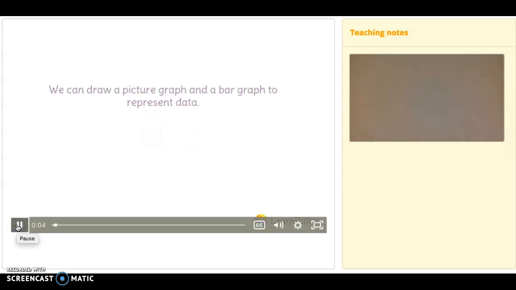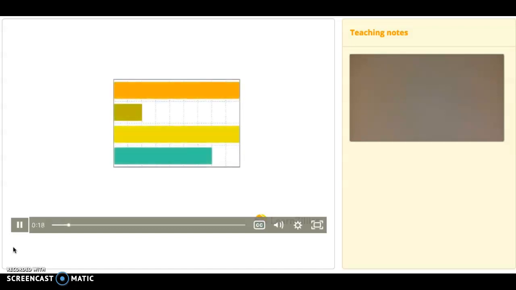We can draw a picture graph and a bar graph to represent data. Let's use the data in a graph to solve comparison problems. What if a graph had no labels or title at all? What would we know about the data? Not much. The title tells us what the data is about. I can see that this graph is about favorite vegetables. But which vegetables? The labels tell us what categories of data are being represented.